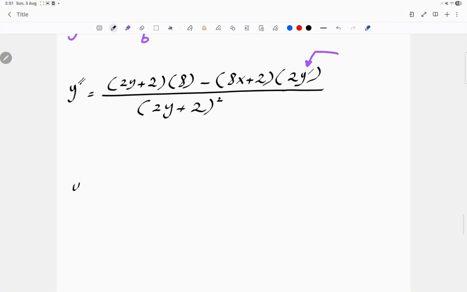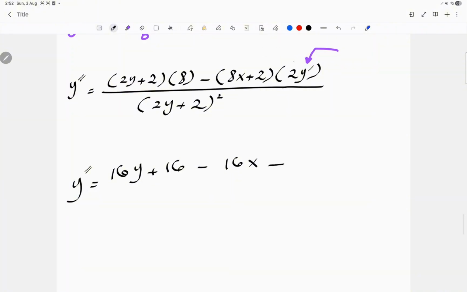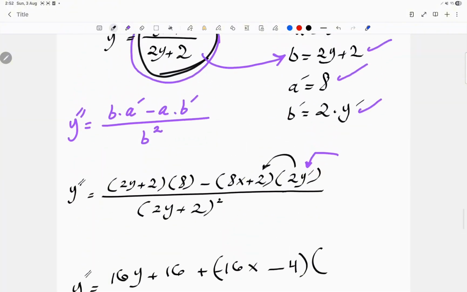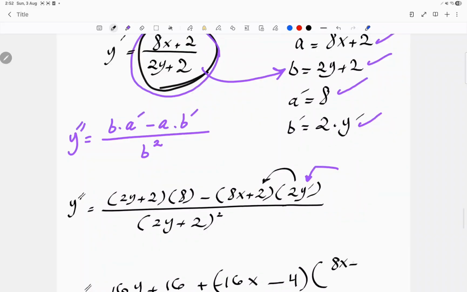So we're gonna have y double prime is equal to, we can expand if we want to, 16y plus 16 minus 2 times 8x, 16x, and minus 2 times 2, 4. Okay, so this thing is multiplied by the y prime, which is 8x plus 2 over 2y plus 2.